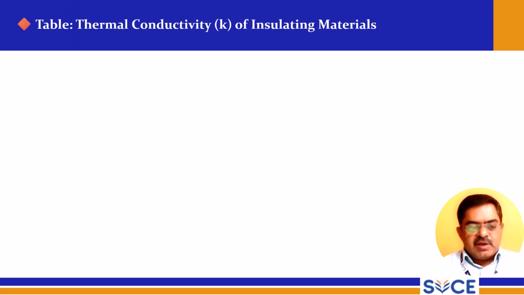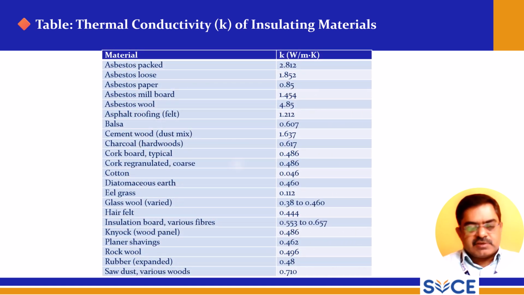Next table, for insulating materials. So we have thermal conductivity for insulating materials also. So there is no material which is a perfect thermal insulator. So there are no perfect thermal insulators. Every material will have some thermal conductivity.